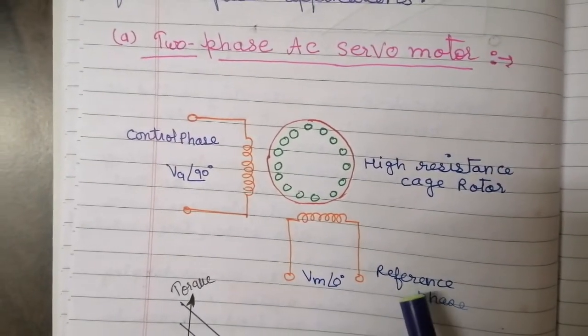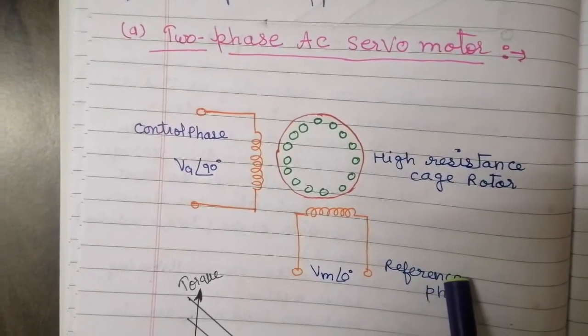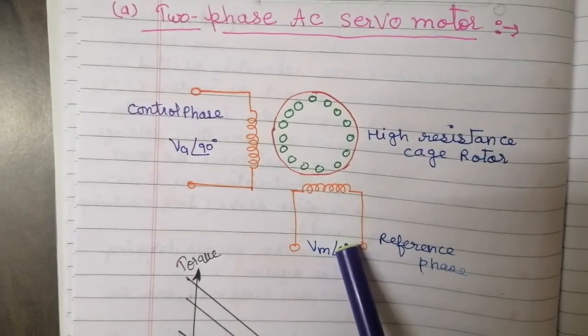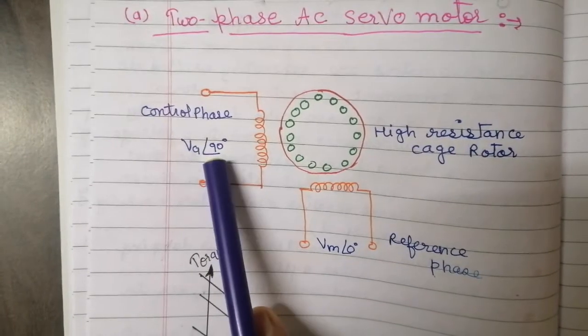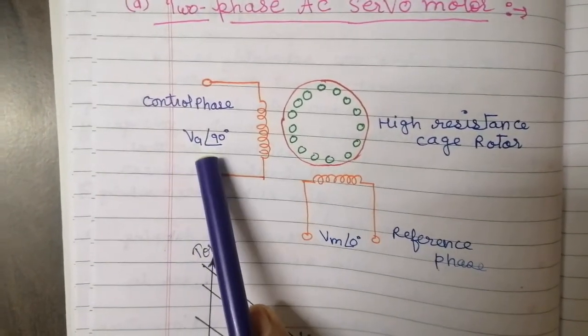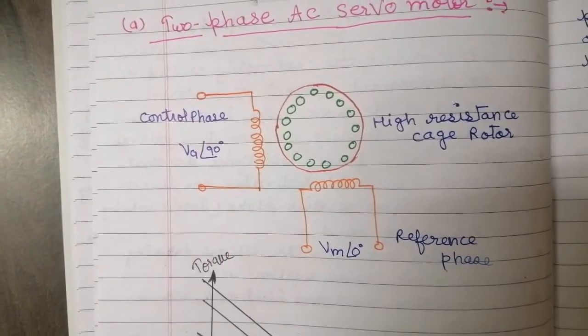The reference phase has a fixed phase which is supplied from a constant voltage Vm at an angle of 0 degree, and this other winding is known as the control winding, or control phase, which is supplied with a voltage displaced by 90 degrees from the reference phase.